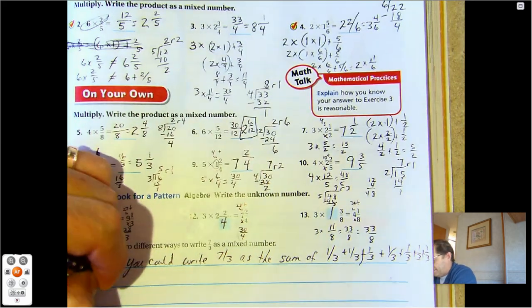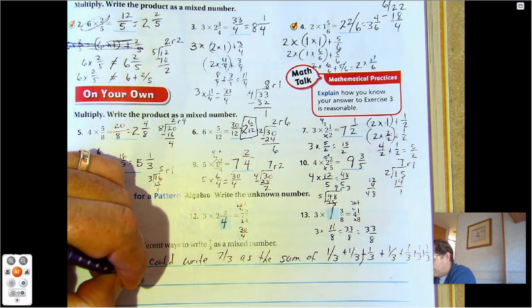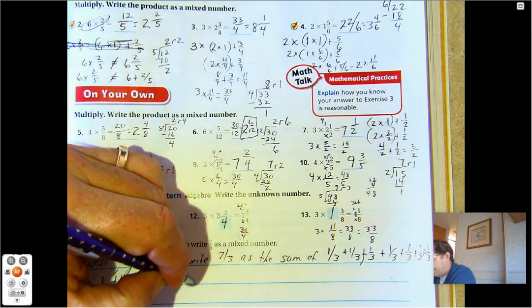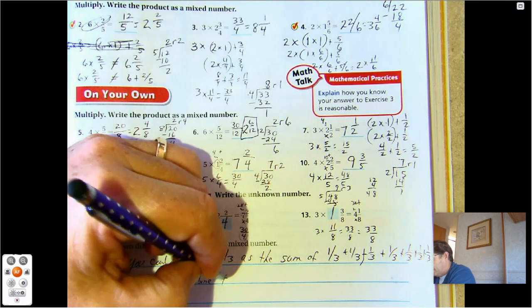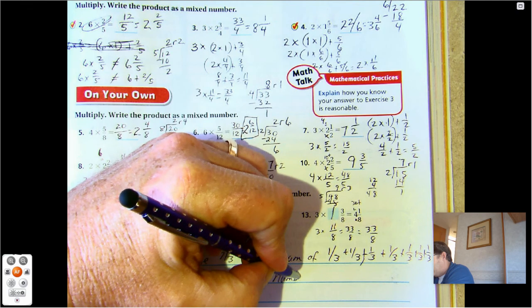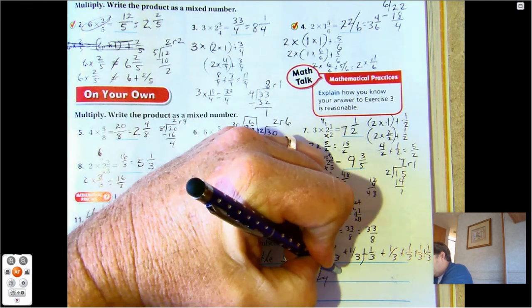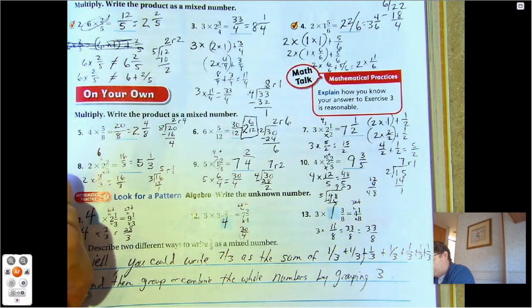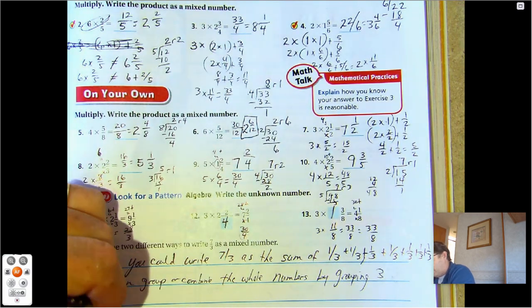And then group or combine the whole numbers by grouping 3 1/3 parts.